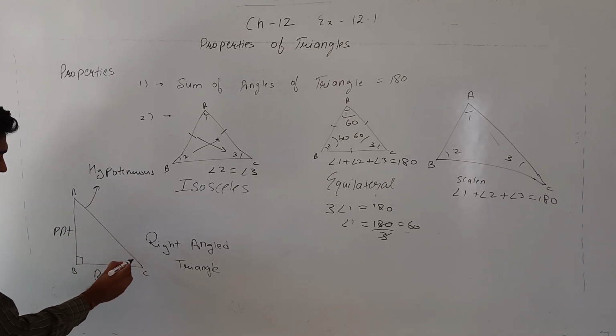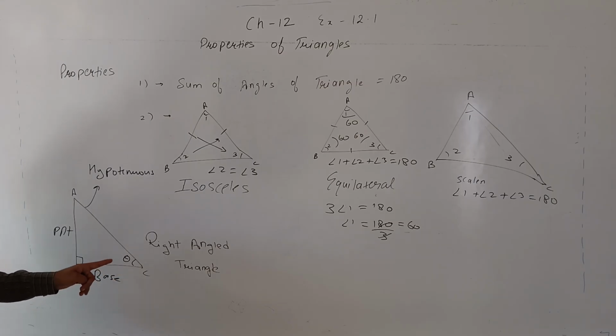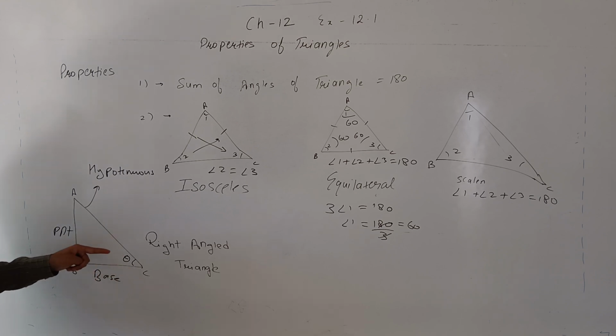Suppose we are seeing it through C. We are seeing it with respect to angle theta, which is angle C. So for angle C, the side opposite to the angle is the perpendicular, and the other side is the base. So if we are seeing through theta, then this is perpendicular and this is base.